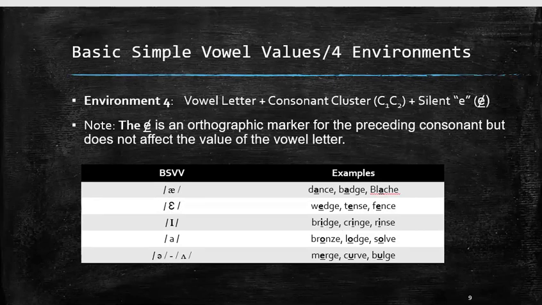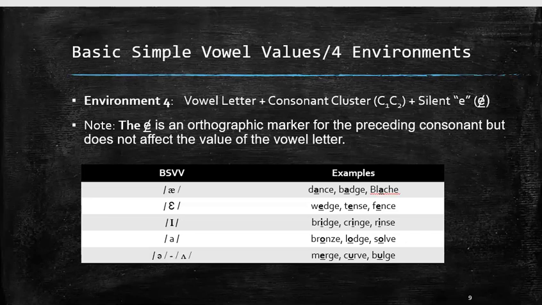Environment number 4 corresponds to words in which the vowel appears immediately before a consonant cluster followed by a silent E. Notice the symbol for silent E, which is a lowercase e with a slash through it. That represents the final or the silent E. In the case of dance, wedge, bridge, notice the cluster and the silent E, which occurs at the end.